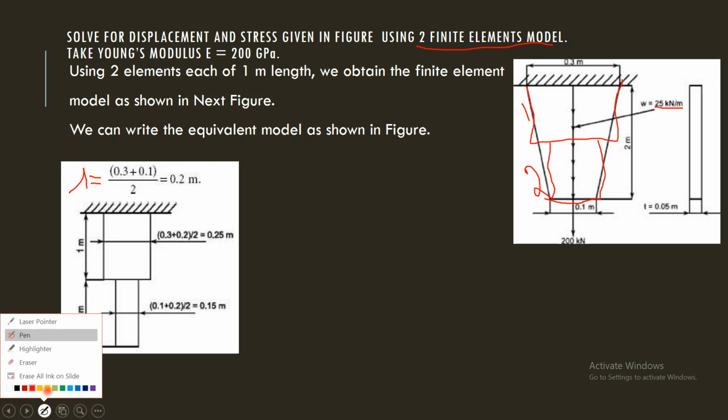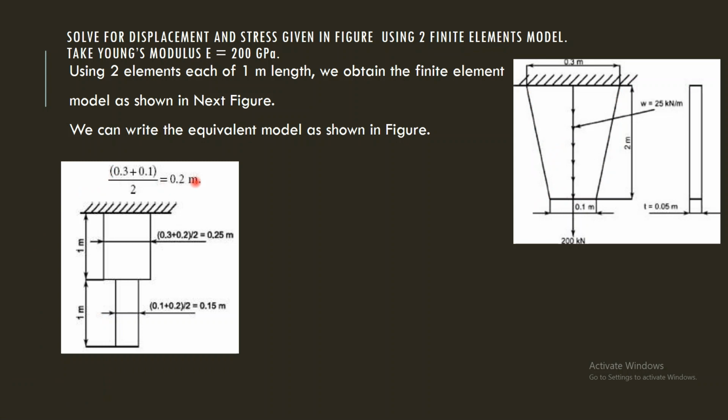And then this length I am going to substitute for the first one, that is 0.3 plus 0.2 divided by 2, 0.25 meter, and here 0.1 plus 0.2 divided by 2. If I multiply these values with the thickness, I am going to get the cross-sectional area.